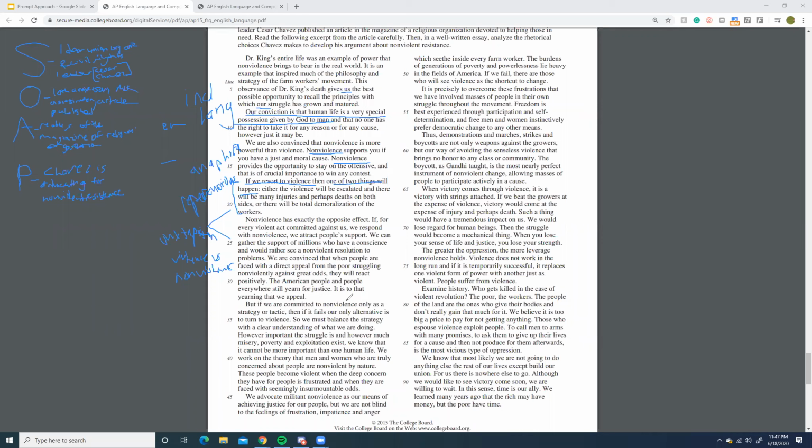But if you're committed to violence, while you're trying, then fails. Okay, right here. These people become violent when the deep concern they have for people is frustrated, when they are faced by insurmountable odds.